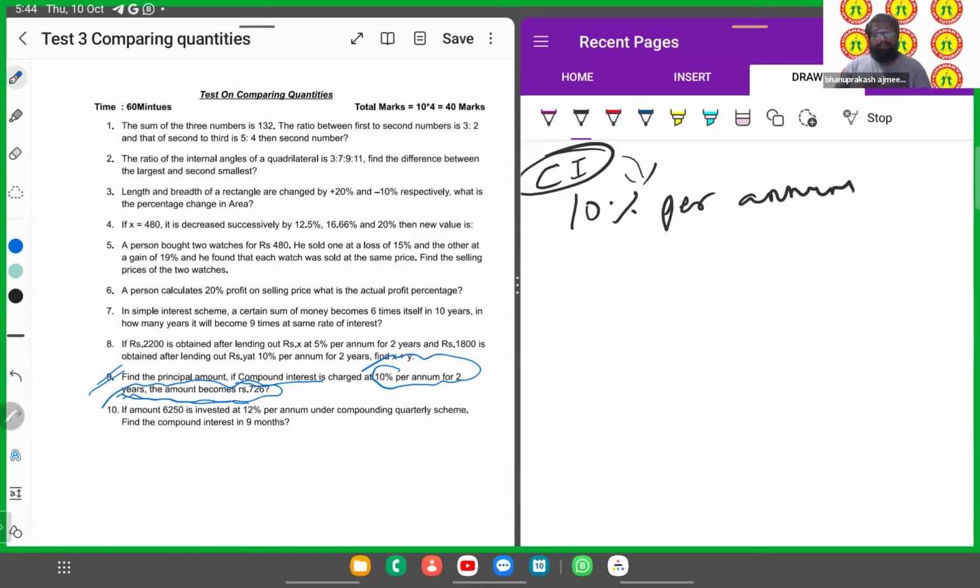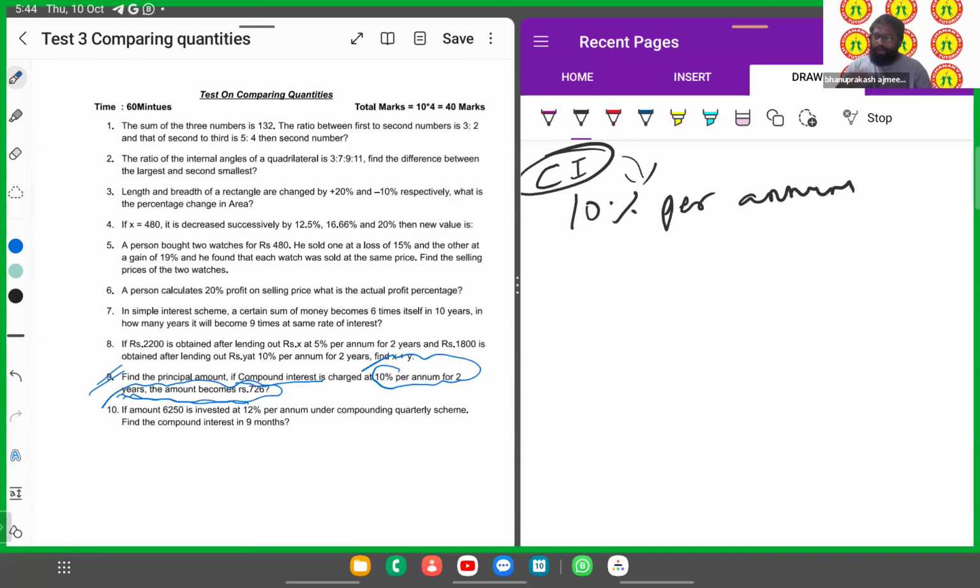In the previous question, the interest was not mentioned and the base amount was not mentioned, and it was said that X amount is borrowed 2 years before. But here it is mentioned that it is compound interest, and we have to calculate the principal.